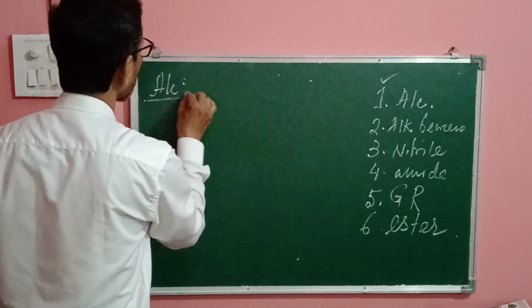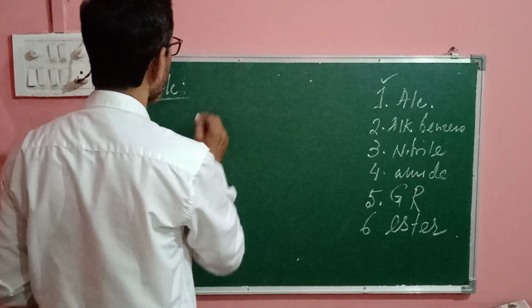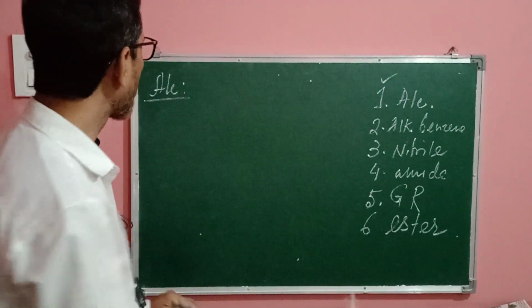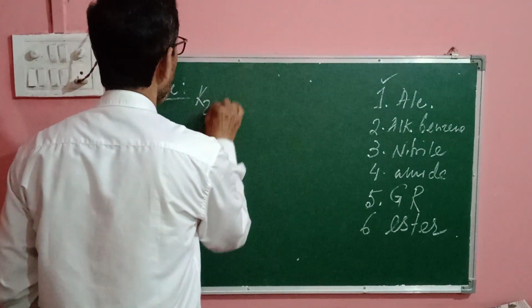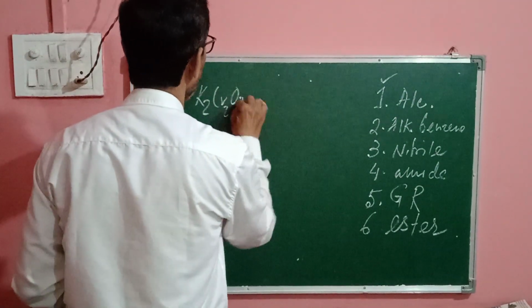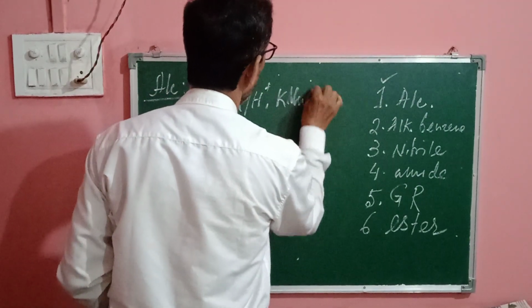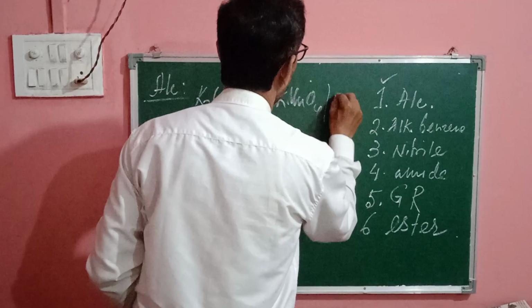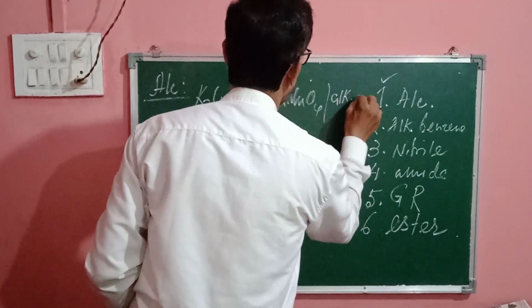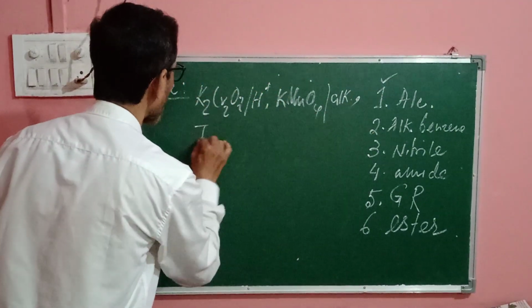Before starting this one, let me first write some of the oxidizing agents. Very important oxidizing agents are K2Cr2O7 or KMnO4 or Jones reagent.